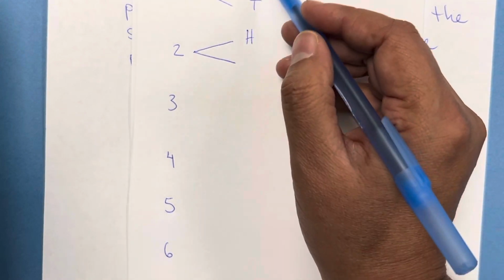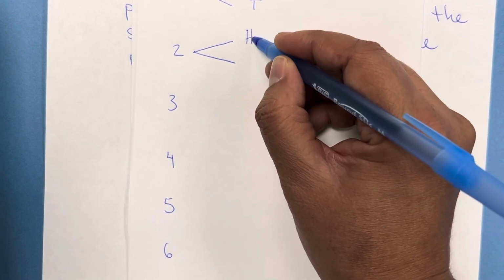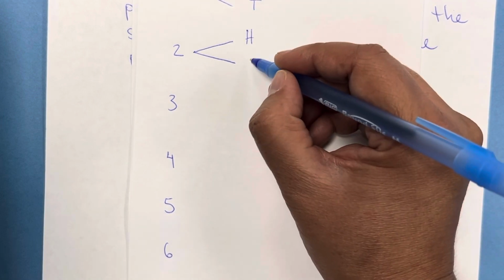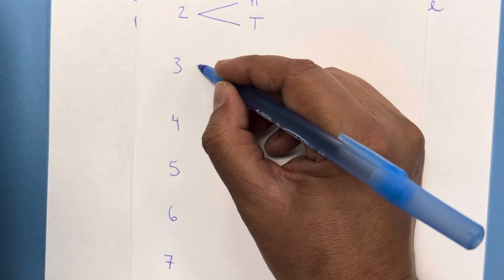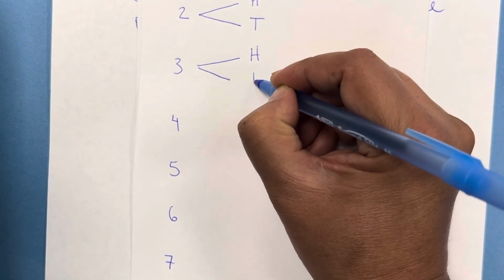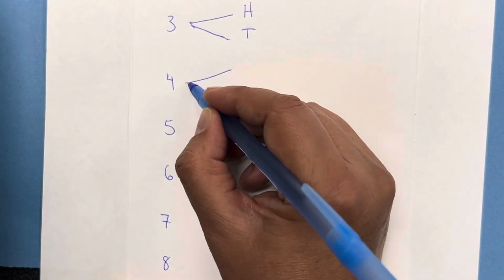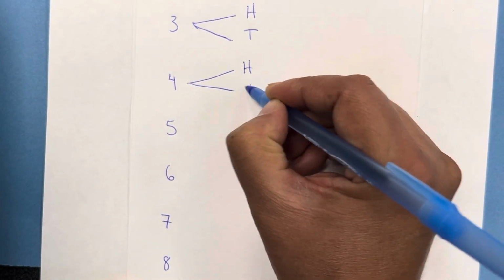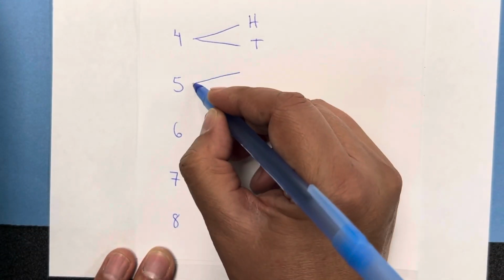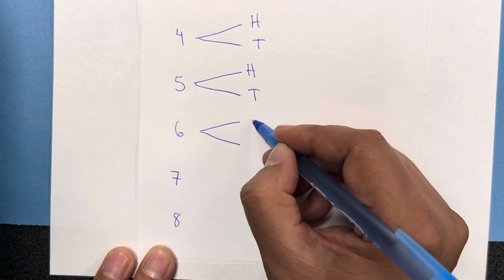Whether you get a 1, for the first coin, you might get heads or tails. If you get a 2, once you flip the coin, you might get heads or tails. If you get a 3 for the die, you might still get heads or tails, because we don't know which one you might get. And so on, just the same for each one of them. Okay, heads or tails.